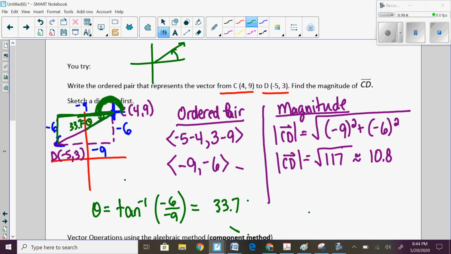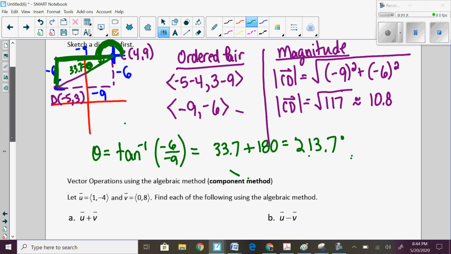So we're going to add 180 degrees to that, giving us a 213.7 degree angle. Okay, so we put theta in here. We do inverse tan of the opposite over the adjacent, and then we make an adjustment if it's not going in the right direction, which it clearly wasn't. The 33.7-degree angle would have brought us, like I said, to the first quadrant, and we needed to be down here in the third quadrant. Okay?